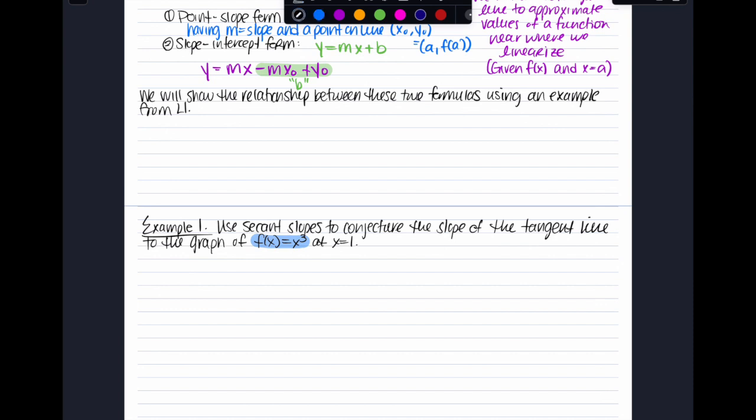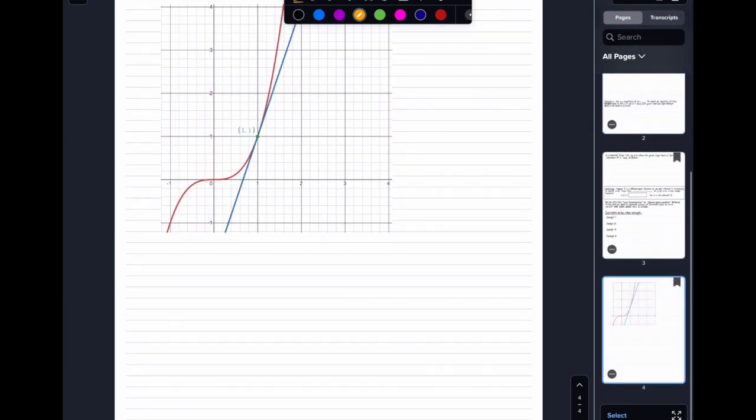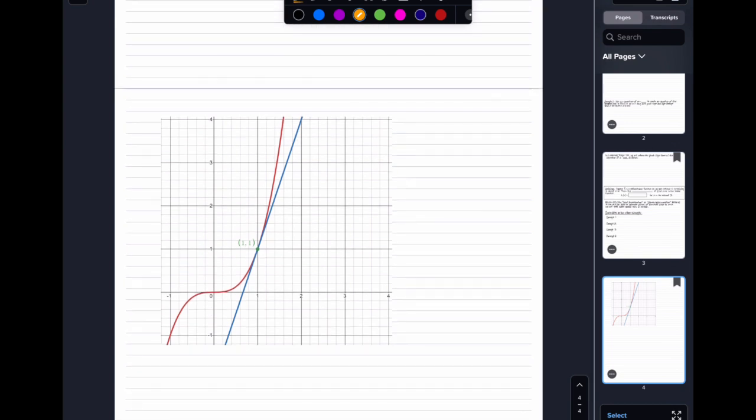And real quick, we can sketch this. This looks like this. And then the point we're trying to find the tangent line is right here. Now, I actually kind of cheated a little bit, and I graphed it in Desmos. This is the setup we're looking for.